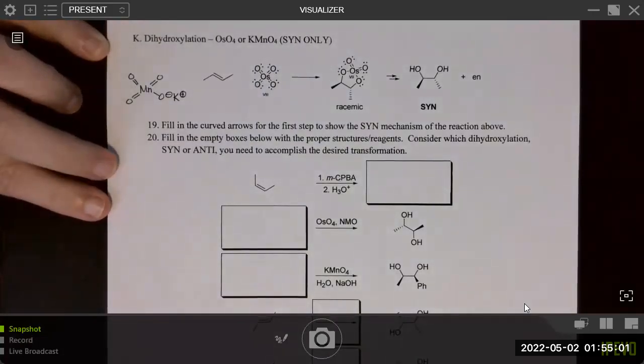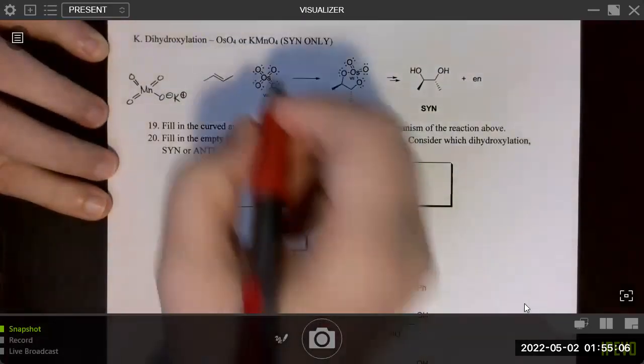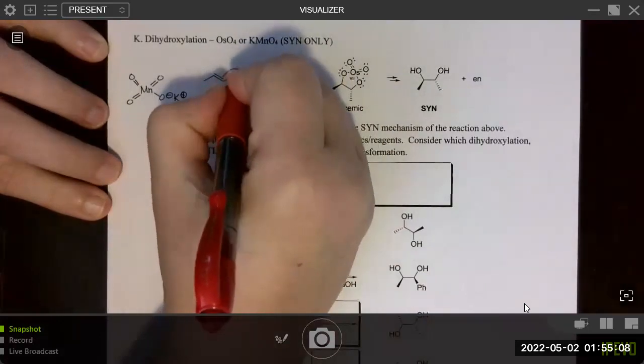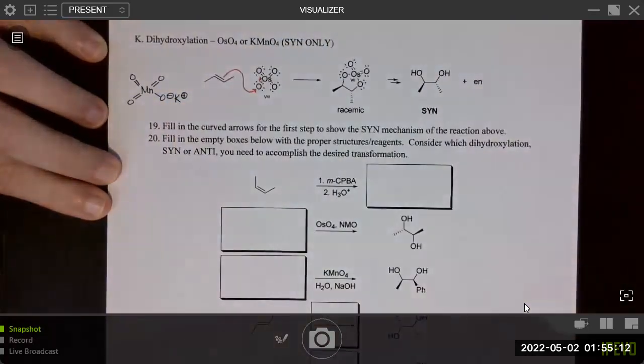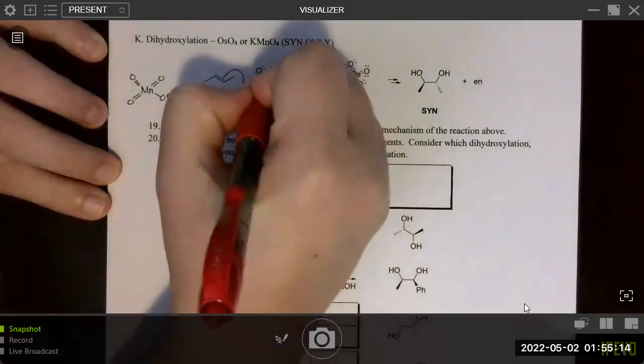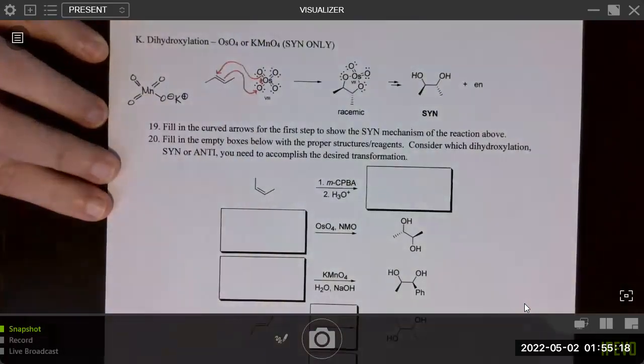So what does this look like? Well, one side of the pi bond will attack one oxygen. Electrons will flow to reduce the osmium. And then we have the other oxygen being used to form a bond with the other carbon.